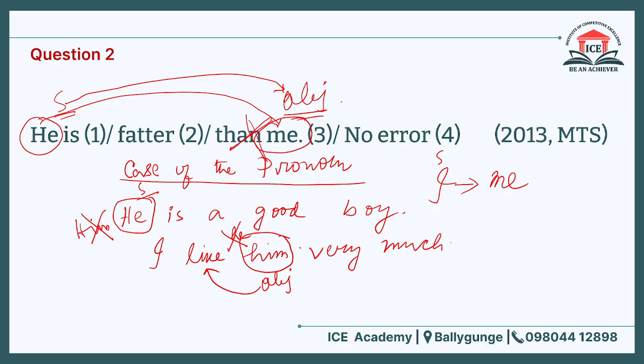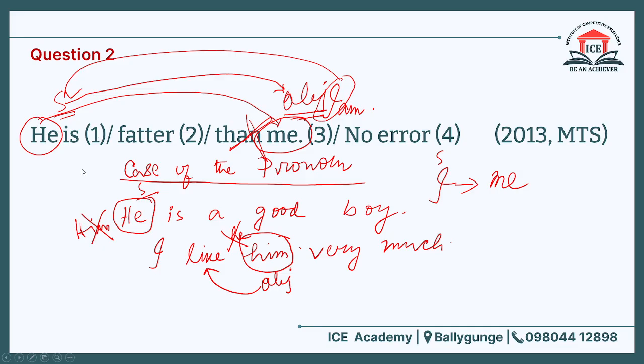It should be replaced by I. He is fatter than I, or he is fatter than I am. Now the sentence is correct because now a subjective case pronoun is compared with another subjective case pronoun and the sentence becomes correct.